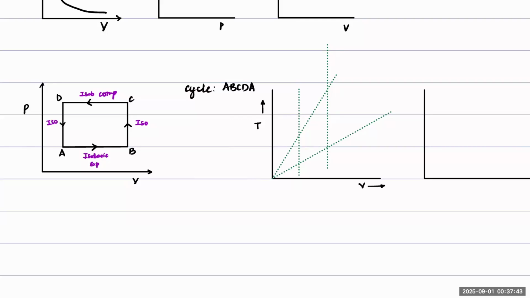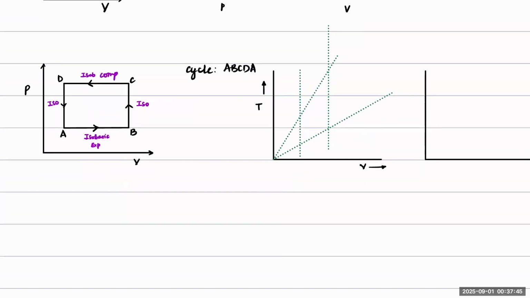So in total, if you notice from where to where we have marked out, you will see that this has to be your A, this has to be B, this has to be C, and this has to be D. So that means A to B, B to C, C to D, and D to A. So this ABCD graph is exactly the same as this ABCD graph.